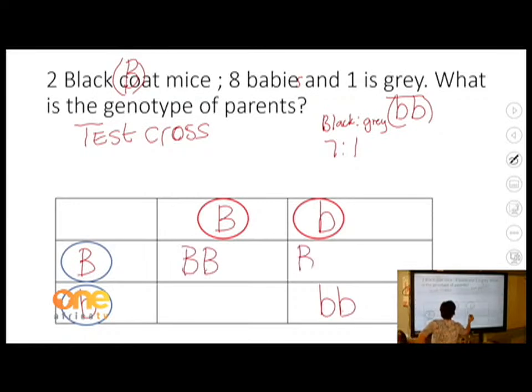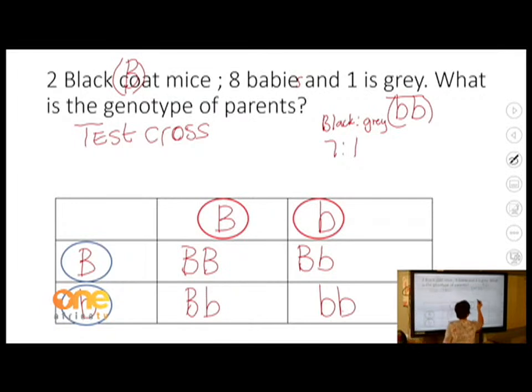That gives me 1 out of 4 will be grey, and the rest will be black.